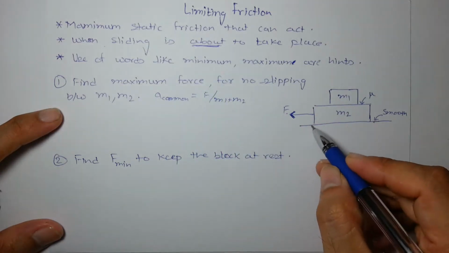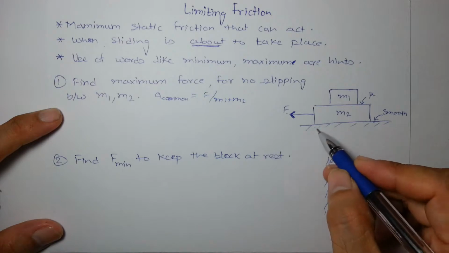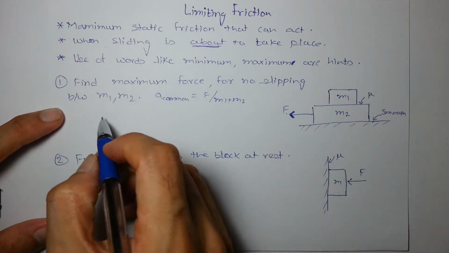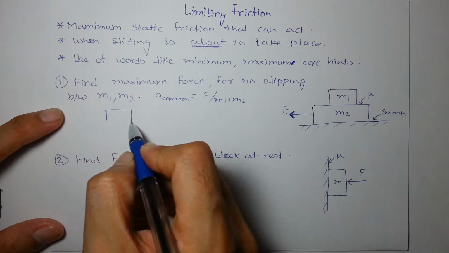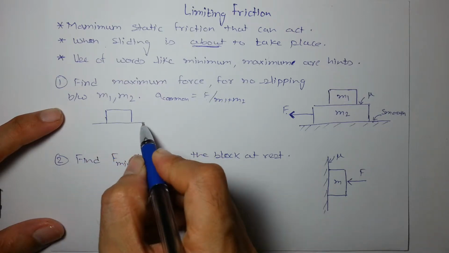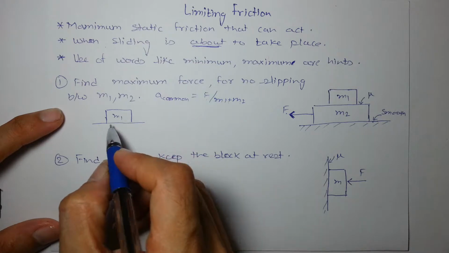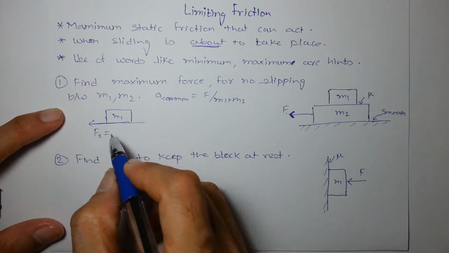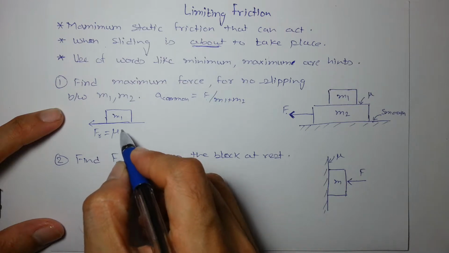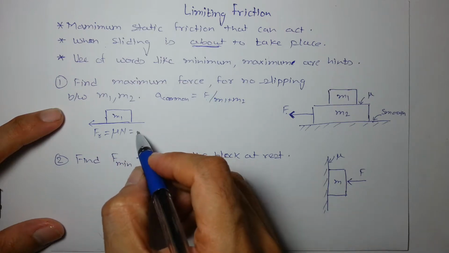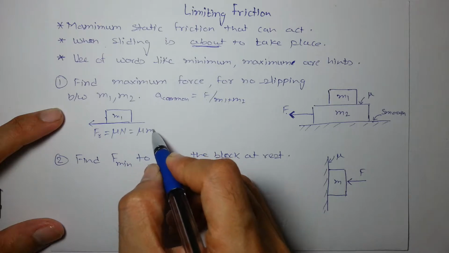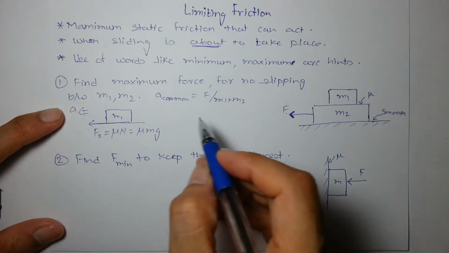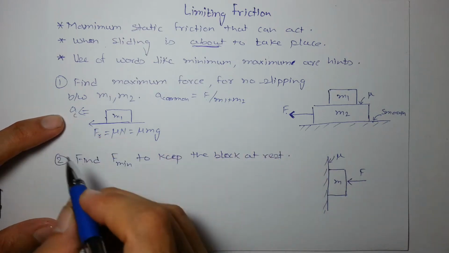Because the ground is smooth, both are moving together with a maximum acceleration, which is F by M1 plus M2. By drawing the FBD of the upper block alone, because this block is moving just because of friction, which in this case will be limiting, which is mu N, and N is nothing but m1 g. So the friction force acting on it is this, and it is getting an acceleration, which is A common.